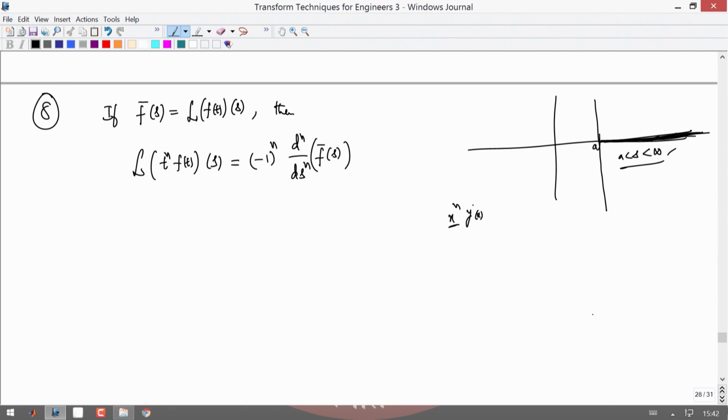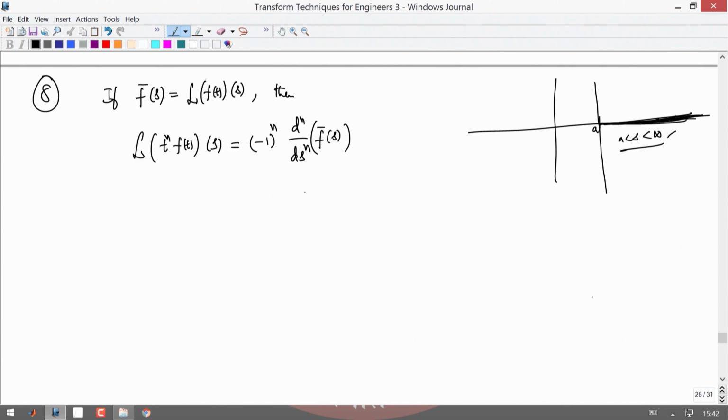For example, if I write d n y by d x power n, you can take the Laplace transform and write n derivatives of the Laplace transform of y, with of course some negative sign depending on whether your n is even or odd. This is the property we use to convert the ordinary differential equation into algebraic equations when we try to solve variable coefficient equations.